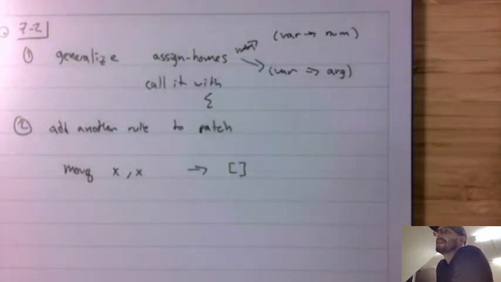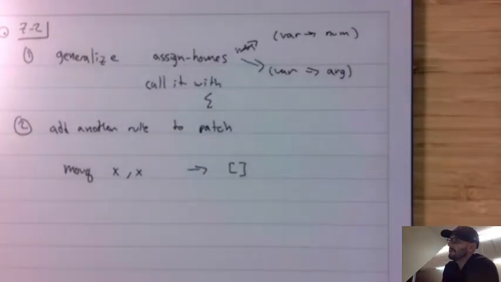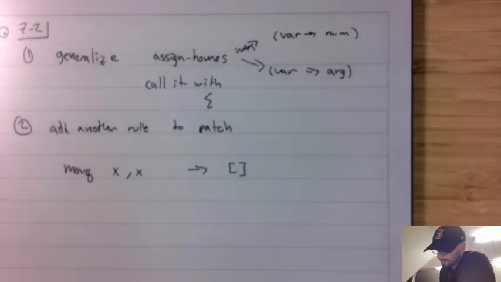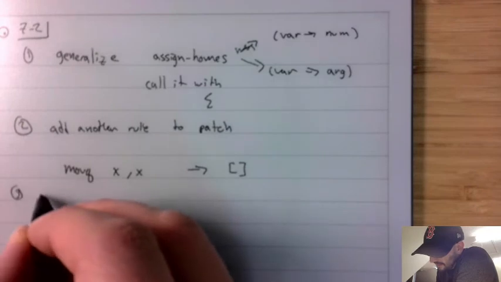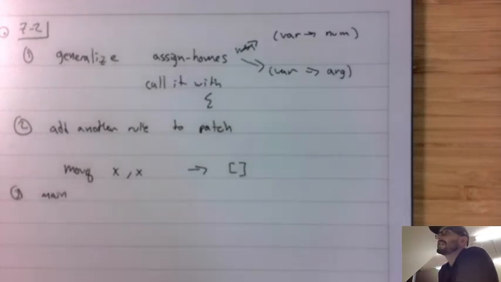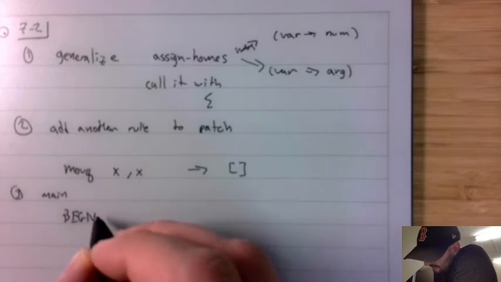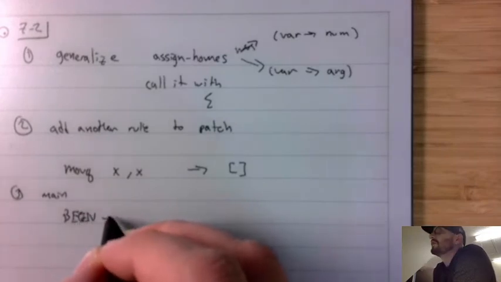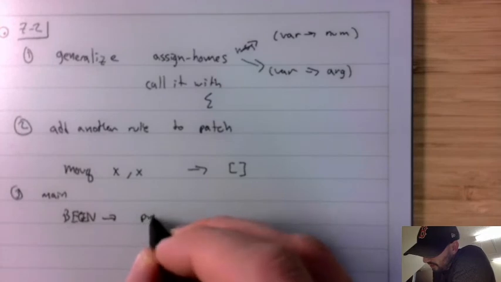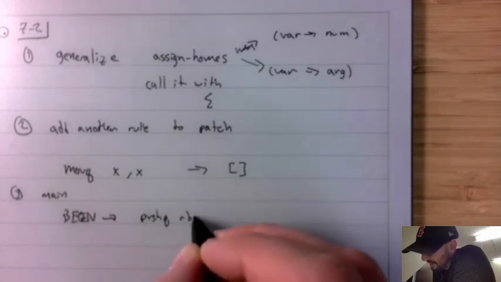Okay, now there's one more thing that we need to do, which is that we need to change the way our main generation worked. Remember that we had this main generation step that updated the stack. It looked something like this. So this is inside of main. It looks something like begin, which would point to pushq RBP to save that.